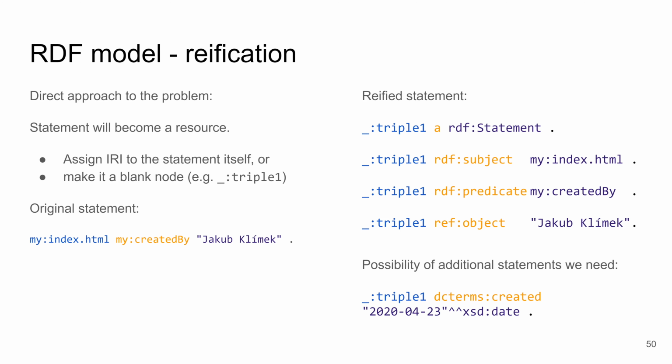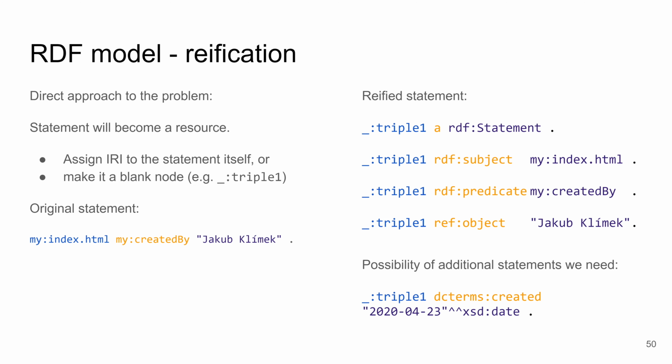So we basically describe this triple by other triples, with the advantage that now we have the identifier for this triple, for the statement, and we can add more data, like the triple was created on the 23rd of April. So this is one approach called reification.